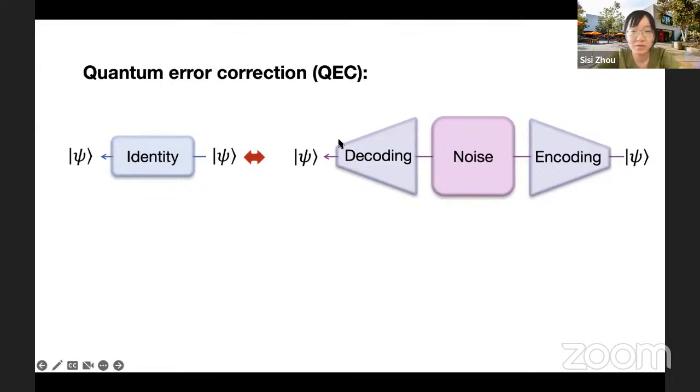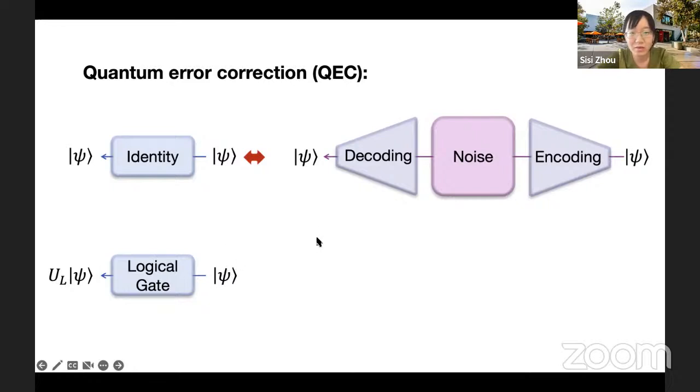However, if we want to perform useful quantum computing, we also need to perform arbitrary types of quantum gates on this quantum state. For example, here we can take a look at the situation where we want to perform a logical gate UL on an arbitrary state psi.